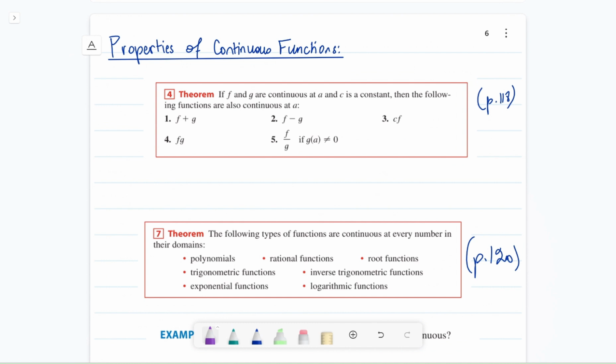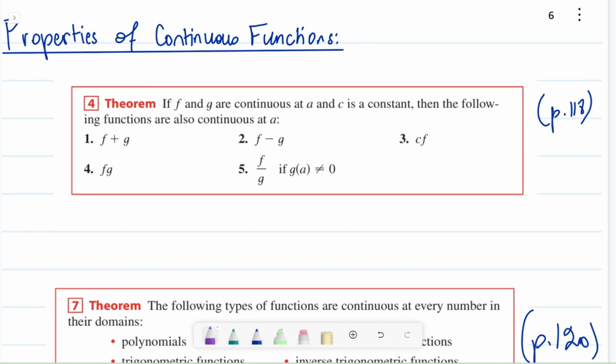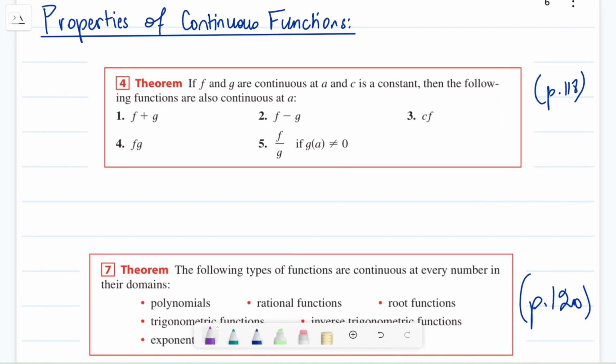Now let's look at some properties of continuous functions. If f and g are continuous at a and c is a constant, then the following functions are also continuous at a. So we get that f plus g is also continuous at a, f minus g, a constant c times f, f times g, and f divided by g as long as g is different from 0, because we cannot have a denominator of 0.